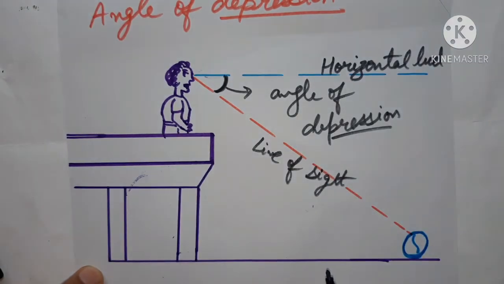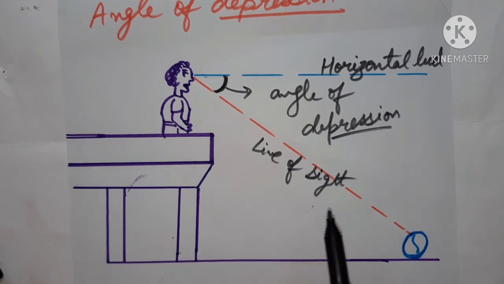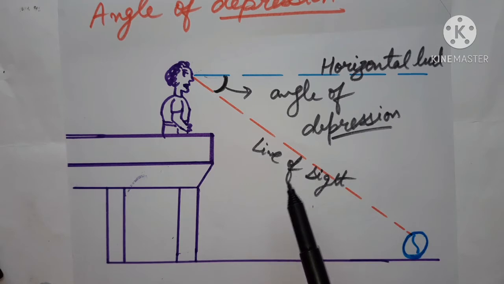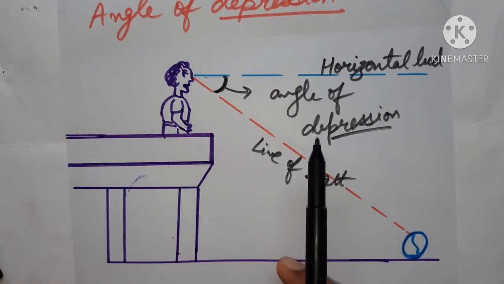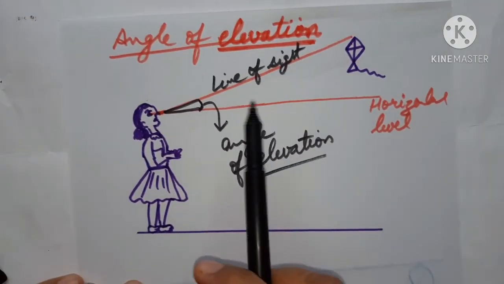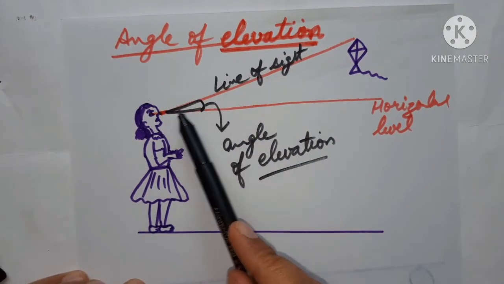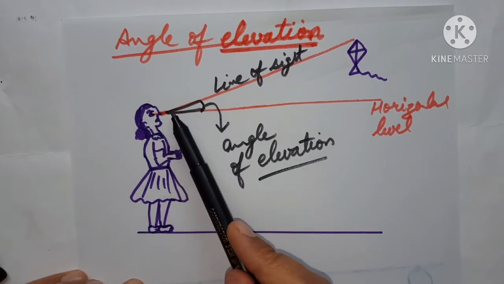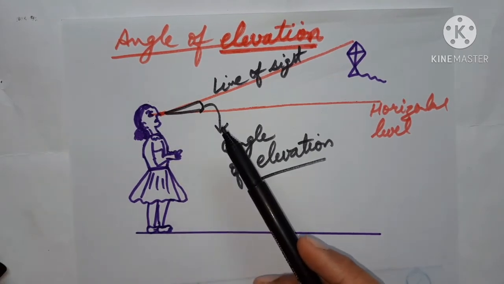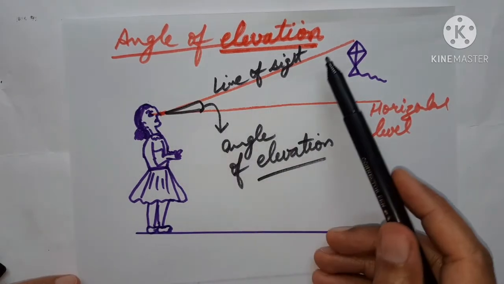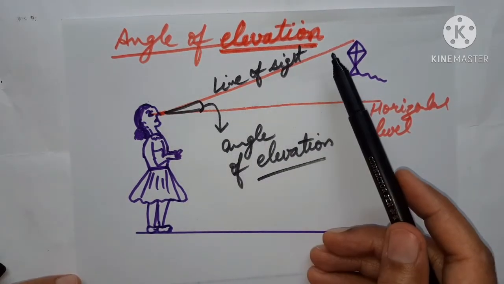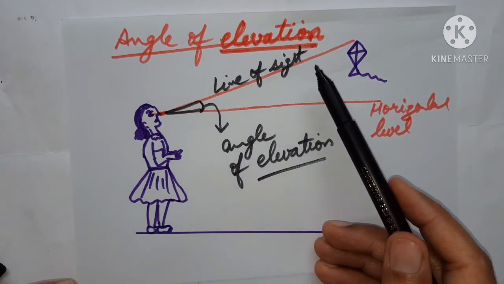Now this question will come to your mind: what is the difference between angle of elevation and angle of depression, because both angles are between the line of sight and the horizontal level? So remember, students, the angle of elevation is made when the observer is watching something upward, when the person is observing an object that is above the eye level.